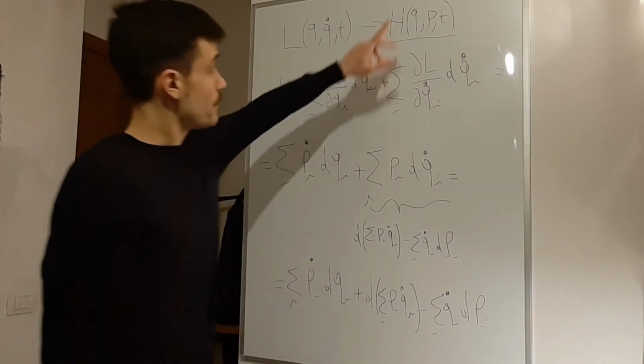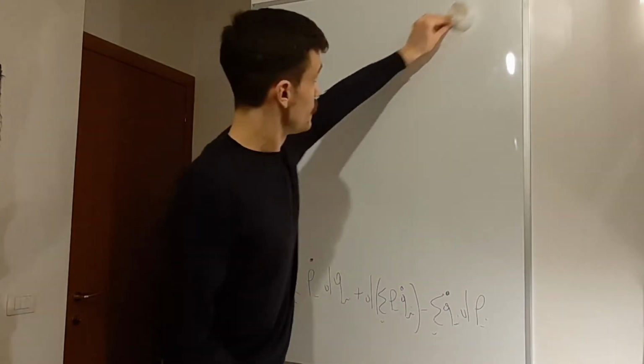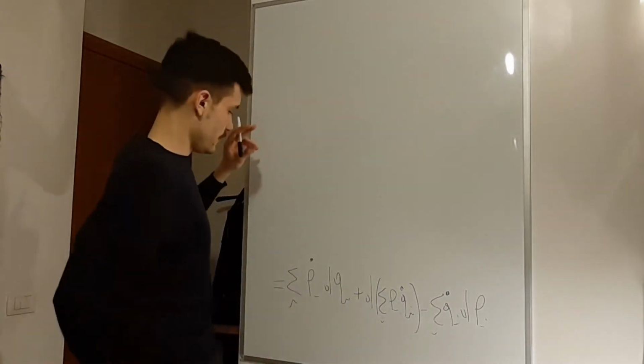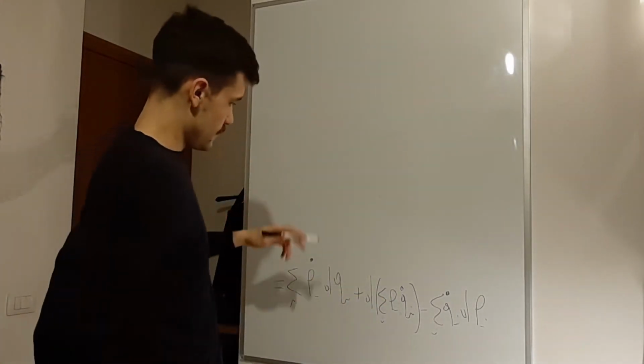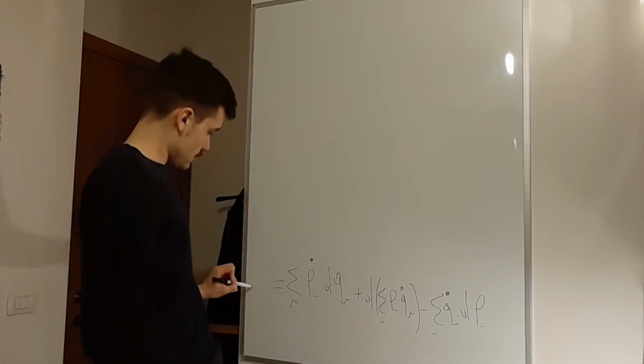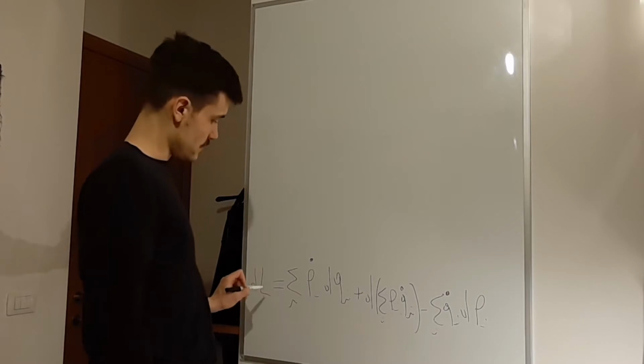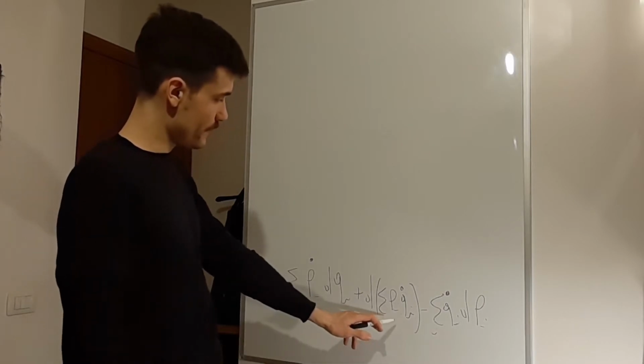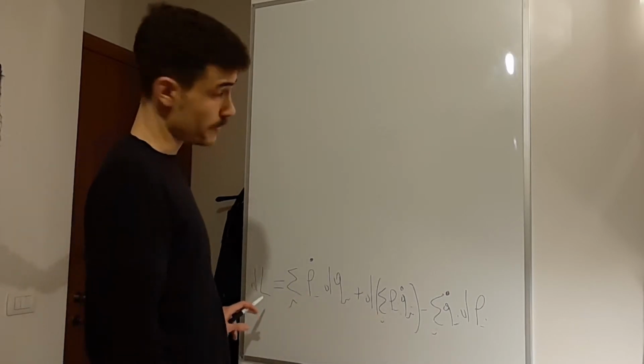Now, arrived at this point, I'm going to write it up here. Starting to write from the top again, this can be rearranged. I write what it was: the differential of the Lagrangian. I'm moving this to the other side of the equation.